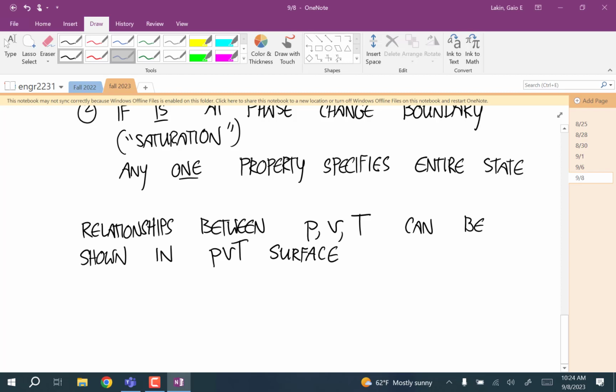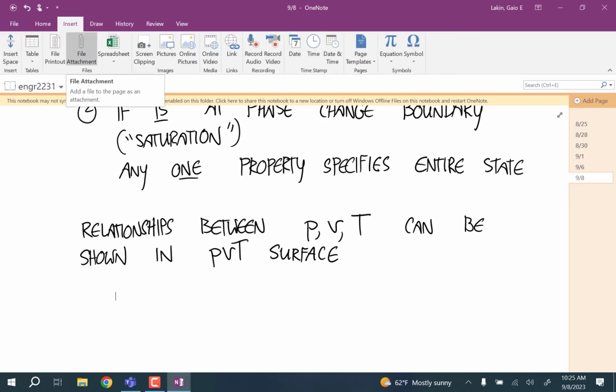Let me show you what those look like. You'll agree that it holds a lot of information, but it's a little hard to interpret. And so we're going to often use projections of this 3D thing. But I want to insert a picture.